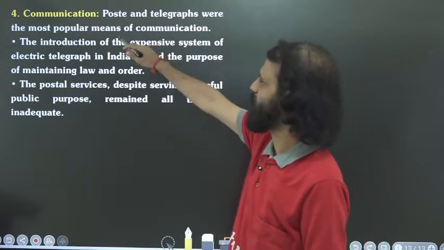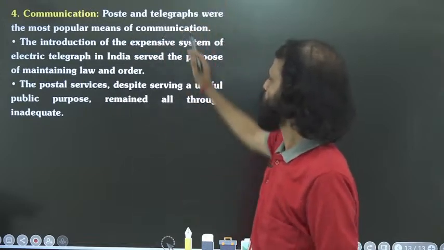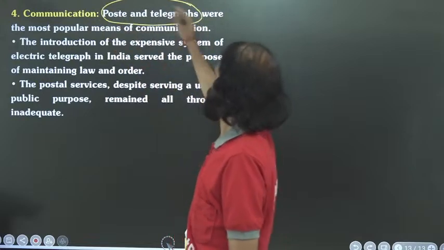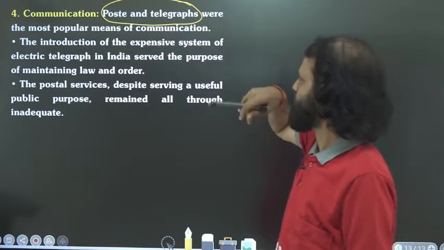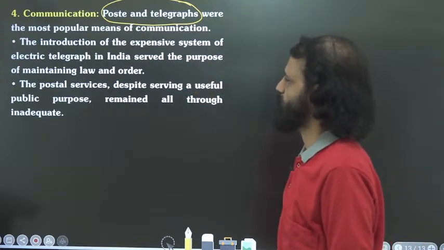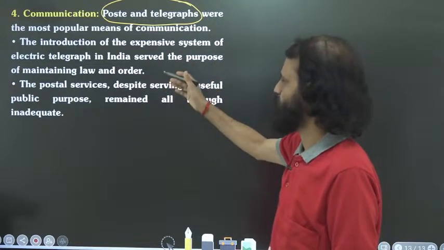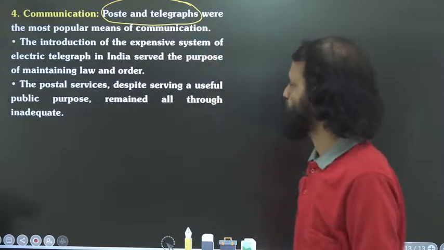Then communication we can check. Post and telegraphs were the most popular means of communication. Post and telegraph, this you need to remember. The introduction of the expensive system of electric telegraph in India served the purpose of maintaining law and order.